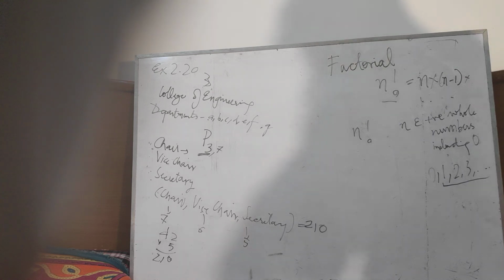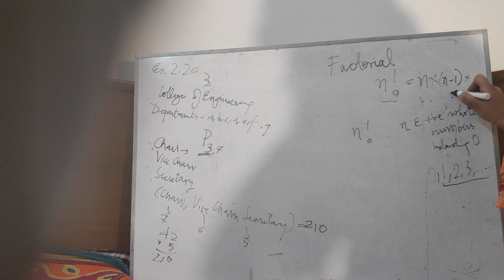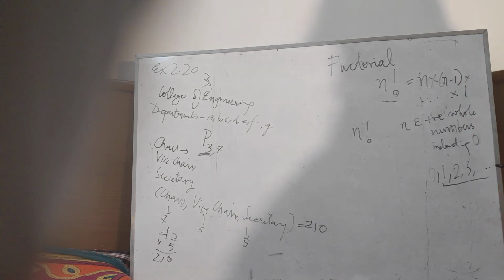So we have n into n minus 1 into and so on, until 1. So this is your factorial.